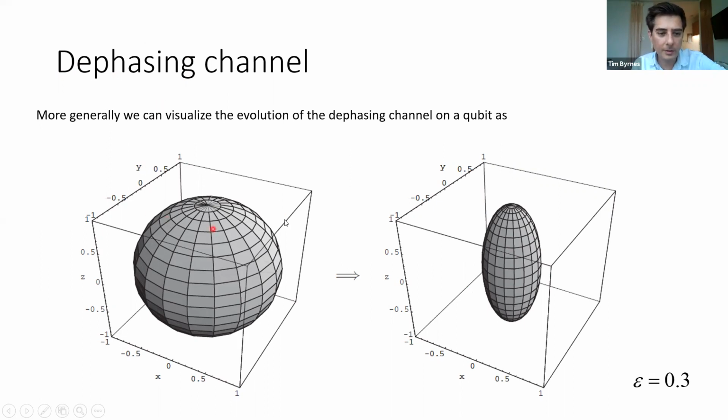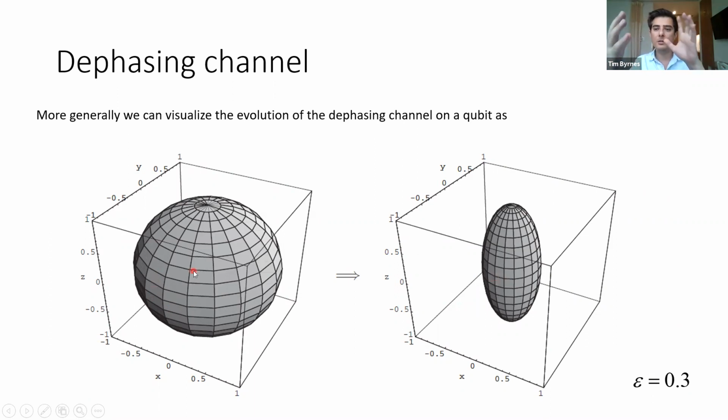If you start with any state on the Bloch sphere, basically what this does, so the example that we had was a state starting here. What this diagram means is that if it starts here, with a value of epsilon 0.3, it starts on the surface, but then it goes somewhere more inside the sphere.